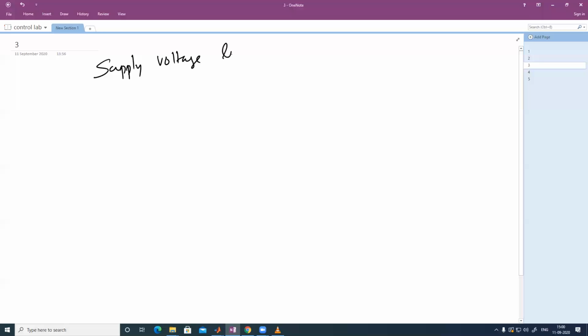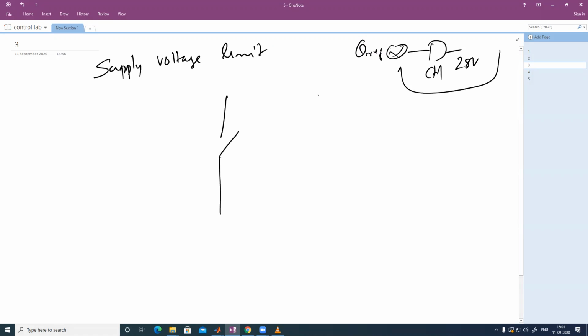If your theta reference and this feedback element is coming here, and this controller demands more than 28 volt, this power amplifier circuit cannot give more than 28 volt.